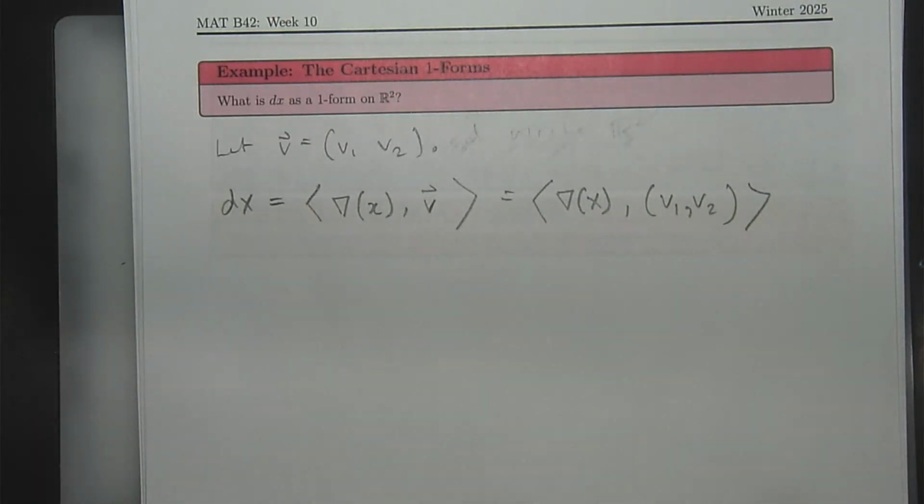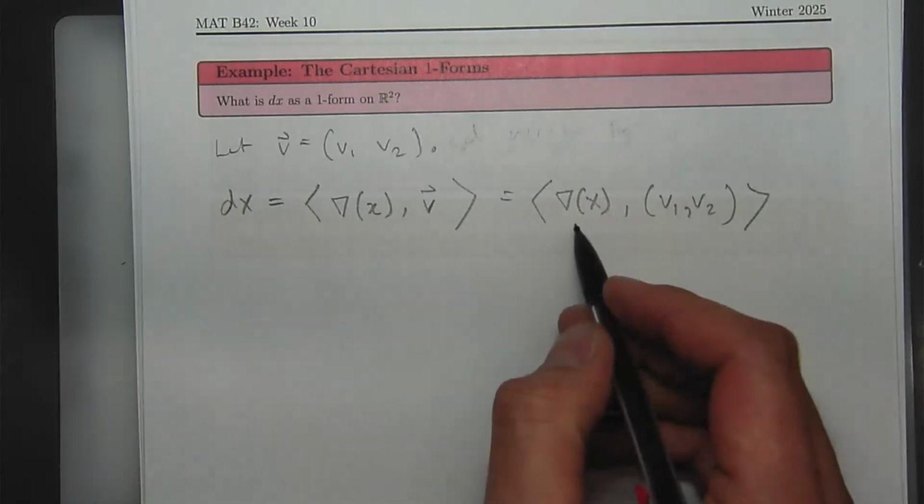Before we finish the calculation, we should think of dx as a tool for measuring stuff. It eats vectors. What should dx measure for a vector? We hope it measures the x coordinate. That would be nice. So let's see, how does that work?